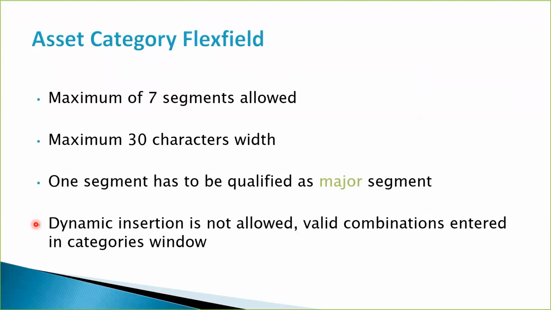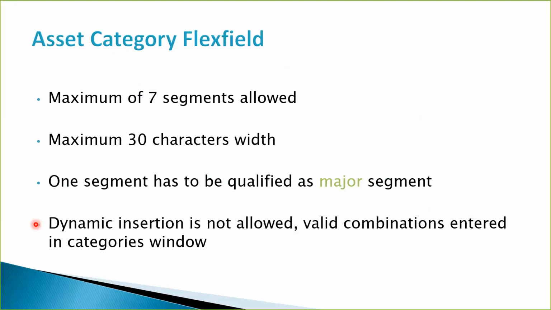Dynamic insertion is not allowed. So you have to go to the categories window to create valid combinations, all right, or valid categories. In the same way, for the accounting Flexfield, if you disable the dynamic insertion, then you have to go to the combinations window to enter the valid combinations.